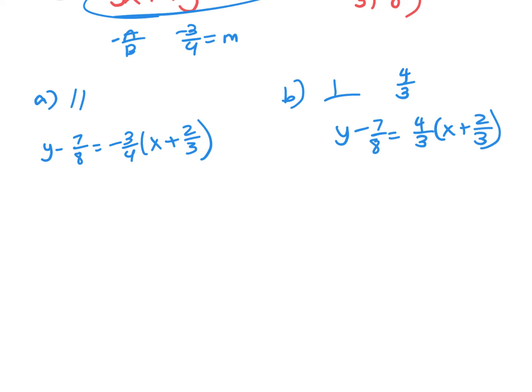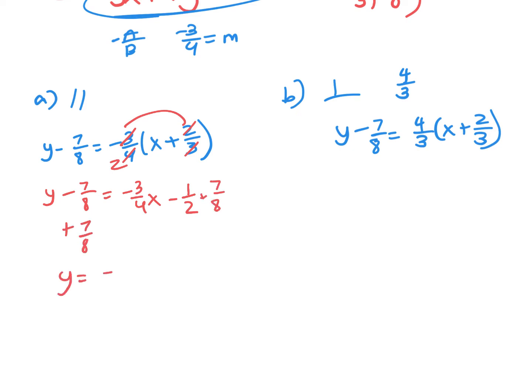So distribute. Here, the 3's would cancel, 2 goes into 4 twice, and I end up with negative 1/2. Add the 7/8. Times 4 and 4. So negative 4/8 plus 7/8 is plus 3/8.